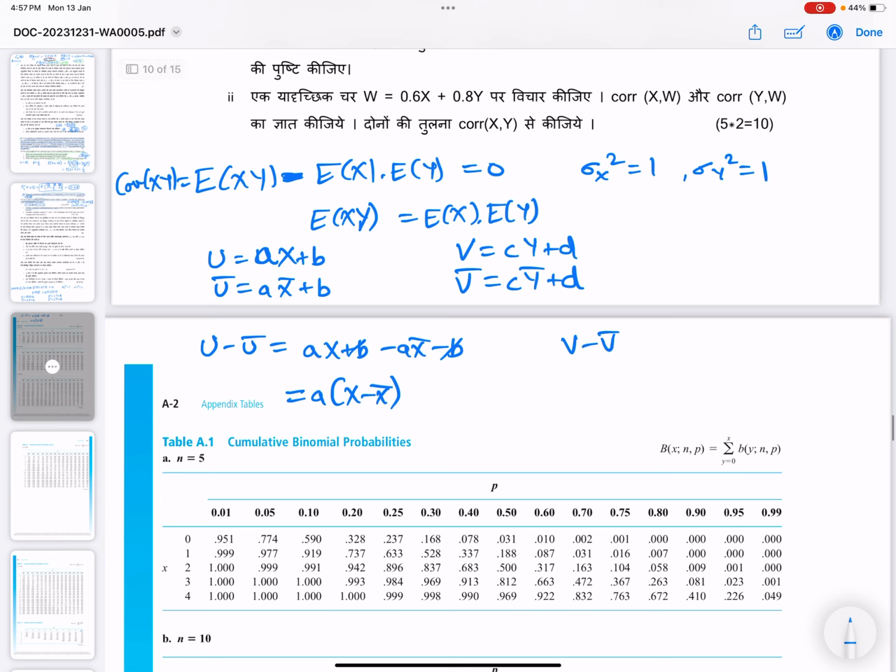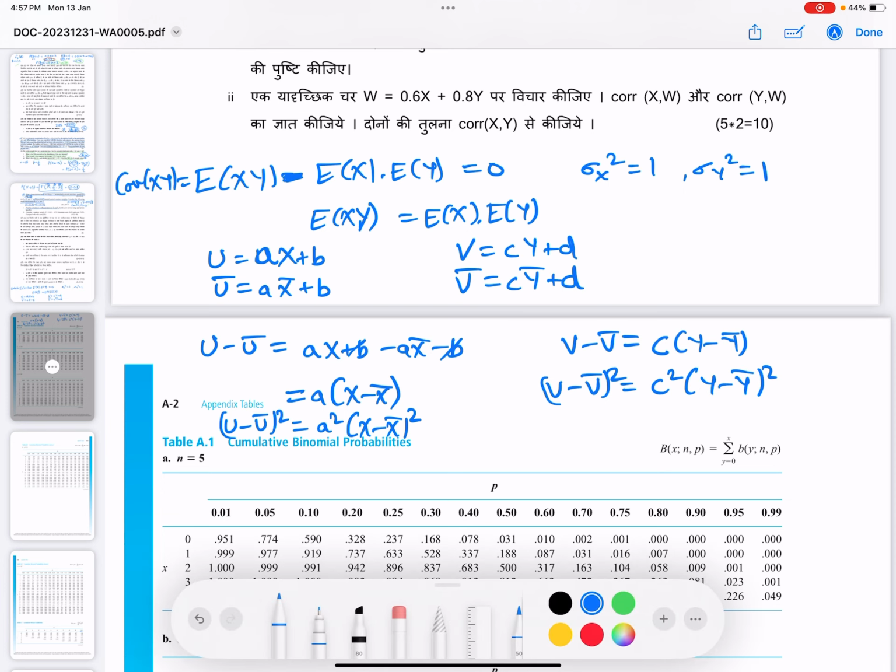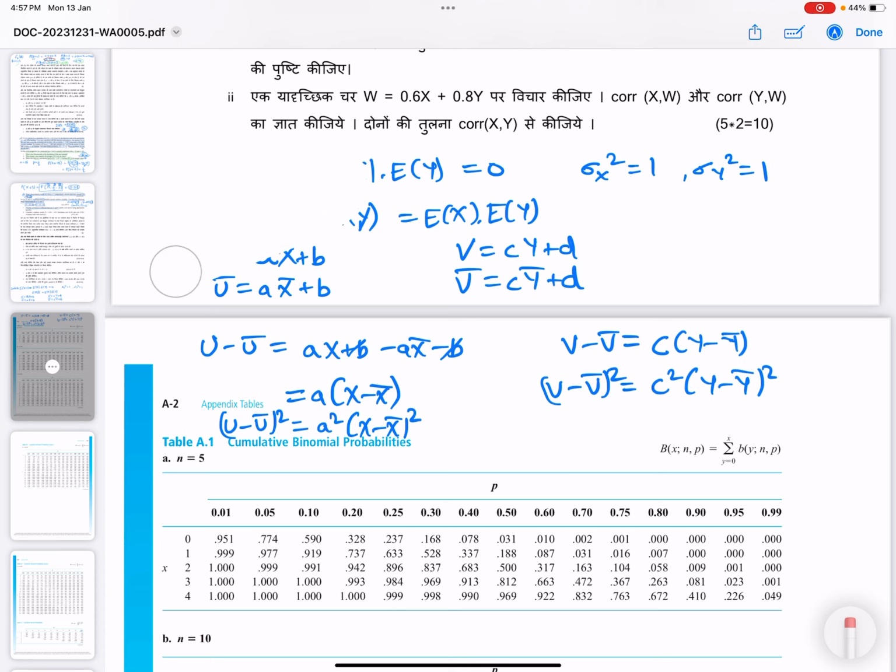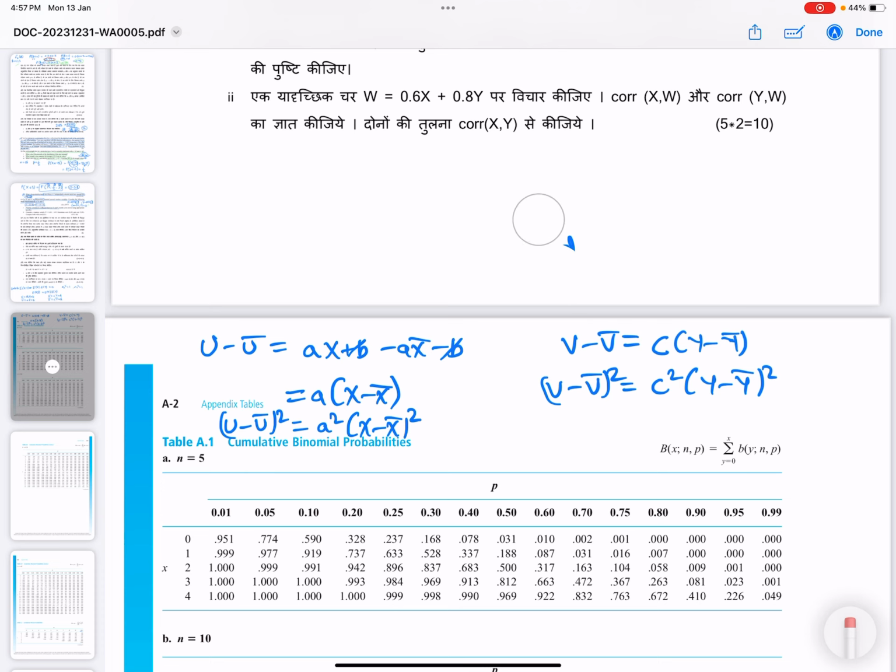Similarly, V minus V bar would become c times Y minus Y bar. Now U minus U bar squared would become a squared times X minus X bar whole squared, and V minus V bar squared would become c squared times Y minus Y bar whole squared. So far we have got this.